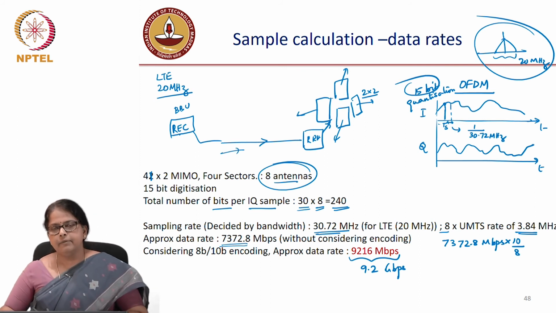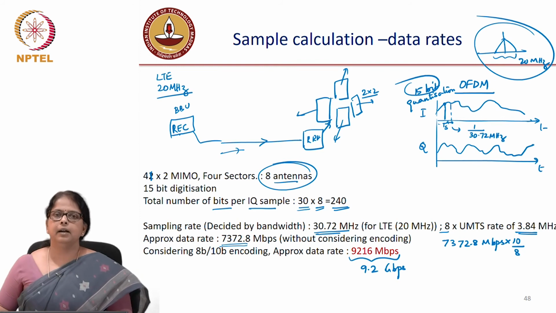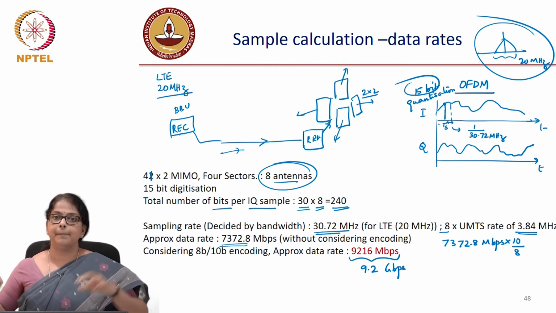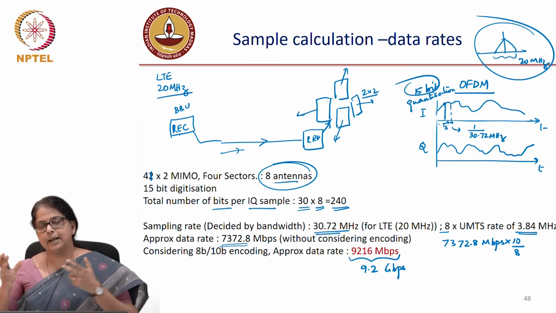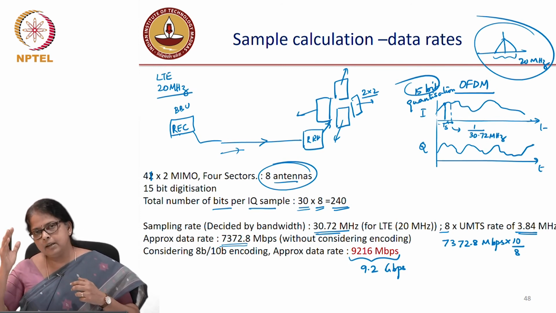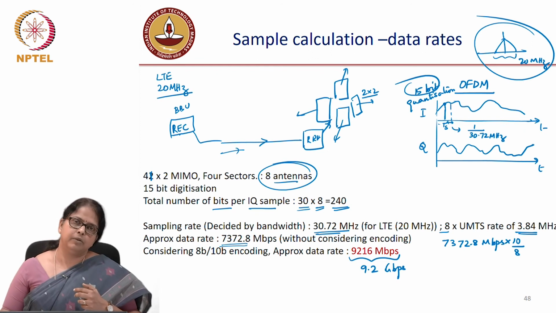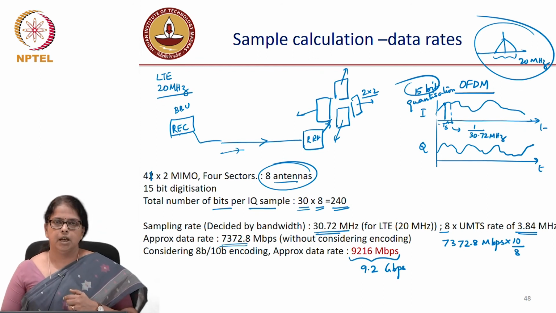Which means we always thought that gigabit transmission happens in the long haul network. It turns out that gigabit transmission is actually happening in each tower of your cellular communication.